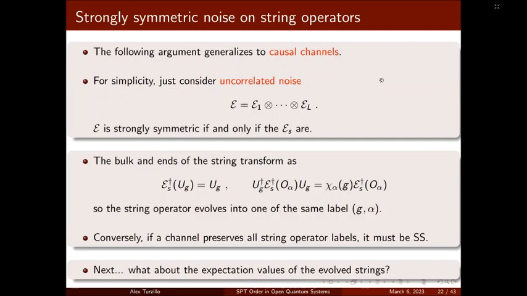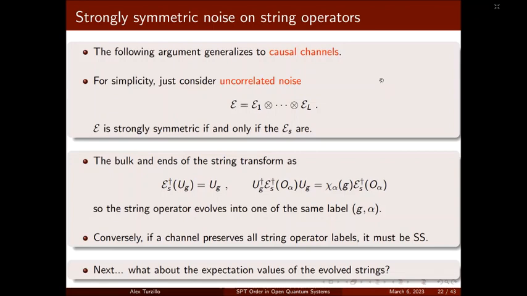The strong symmetry condition says that's unaffected by the action of the channel. At the ends of the string, there is a transformation that happens, but you'll always get some new end operator that has the same label alpha. So the channel doesn't affect the labels of the string operators. Conversely, if the labels of the string operators are unaffected, the channel must have been strongly symmetric.